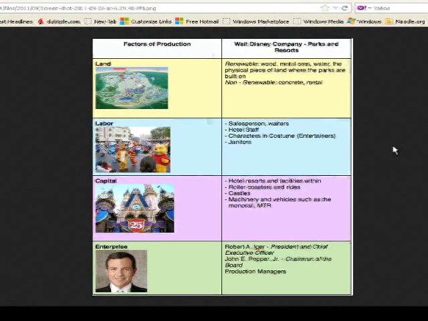Now this is about another company, which is an entertainment company, and we have learned that entertainment comes under the service category. In the previous example with petroleum products, we saw goods which are tangible, but this is not tangible. Even in the services business, we need four factors of production.